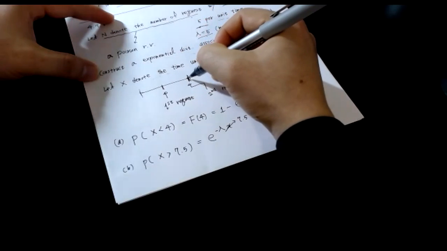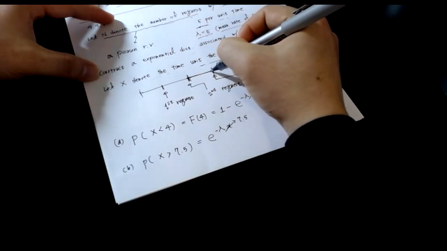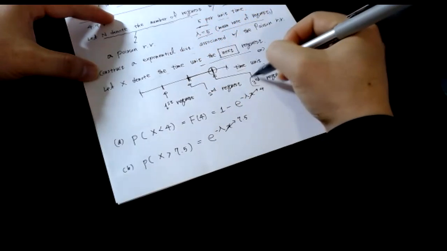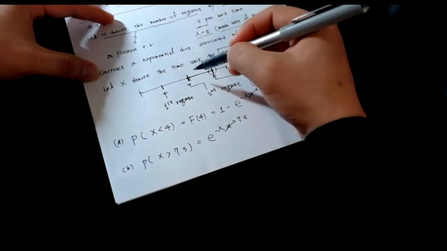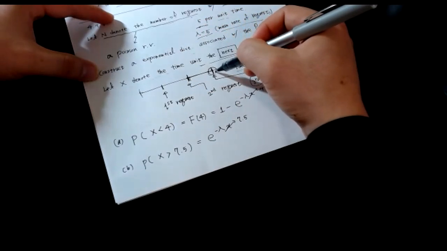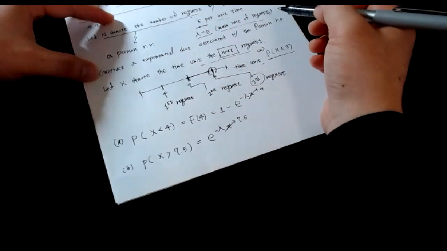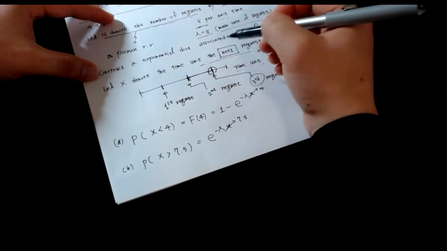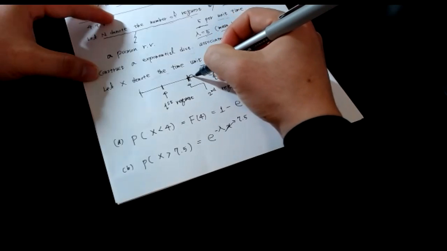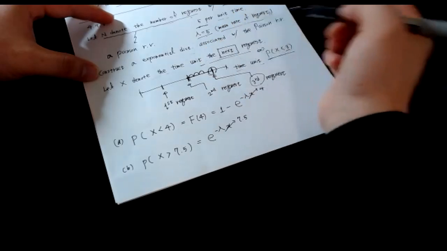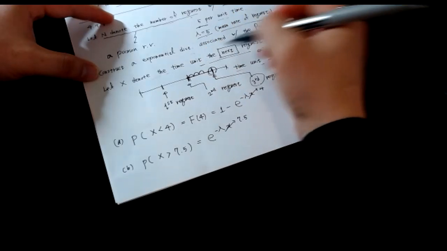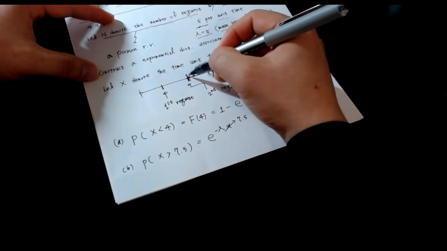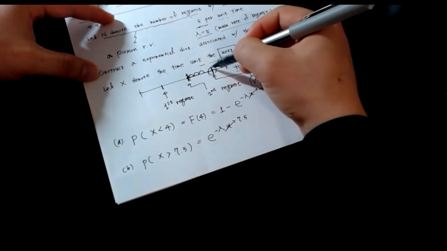After the second request, I want to figure out the probability that the next request, the third request, will occur in less than 3 time units. Maybe here this is 1, 2, maybe 3. In total we don't know how many time units there are between the second and third request.